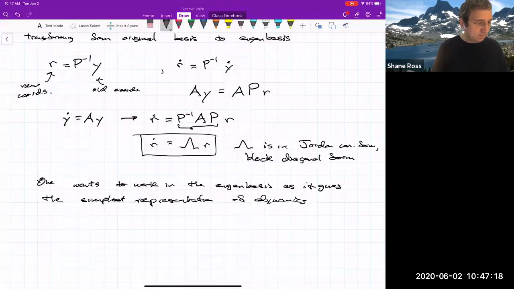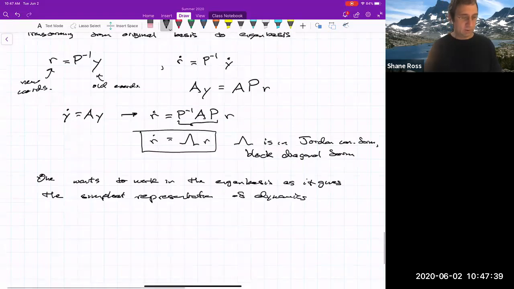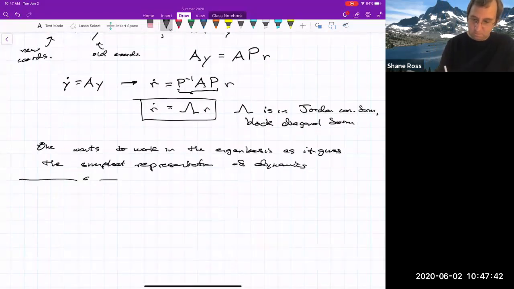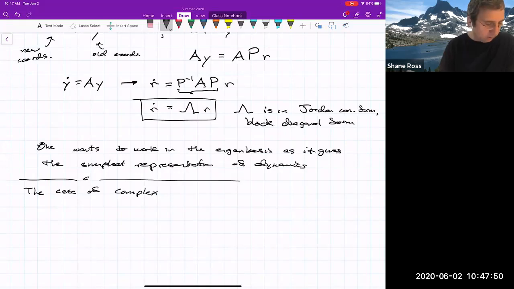So because I keep talking about these generalized eigenvectors, let me discuss the issue of what to do when you have complex eigenvalues. So we'll look at the simplest case, which is two-dimensional dynamics, and we have a 2x2 matrix A that has complex eigenvalues. I don't know if all of you have seen the idea of generalized eigenvectors.